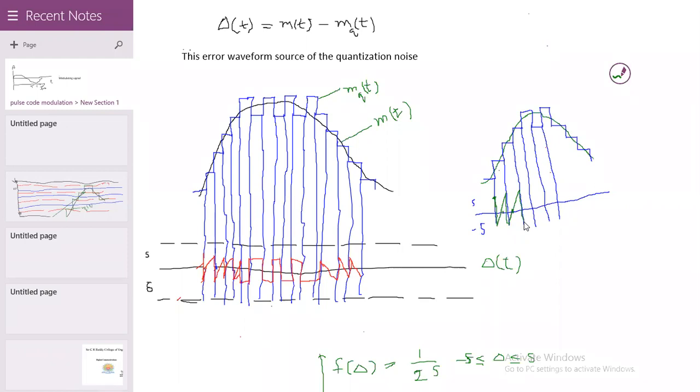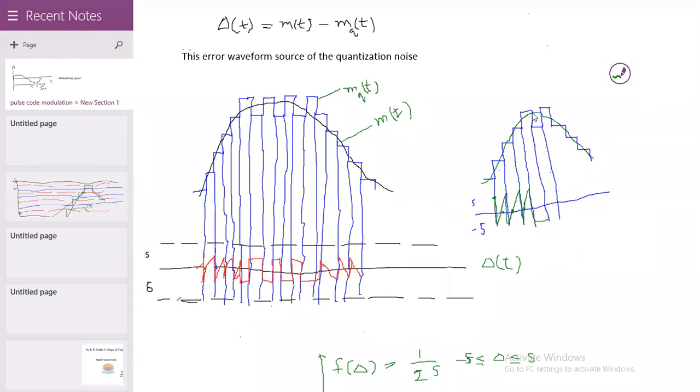Then in this case this is up to this one only, and from this one here again down. So here we can observe that during this period mq of t is greater than m of t, therefore the error is negative.